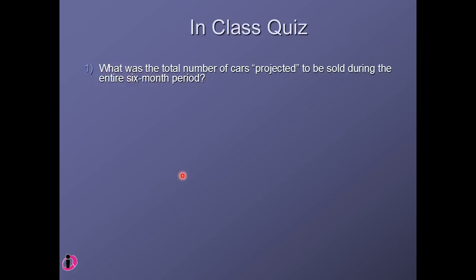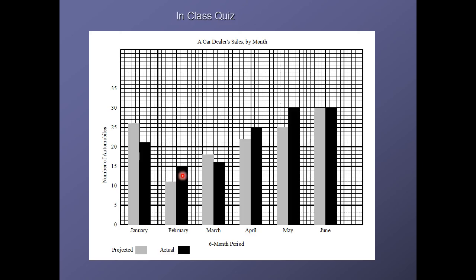Now, let's say I have to answer this question: what is the total number of cars projected to be sold during the entire 6 months? All I have to do is add the number associated with all the gray bars, right? Let's say for the first one, 26. For the second one, 11. For the third one, 18, right? We'll be adding all of those to see what the projected total is.